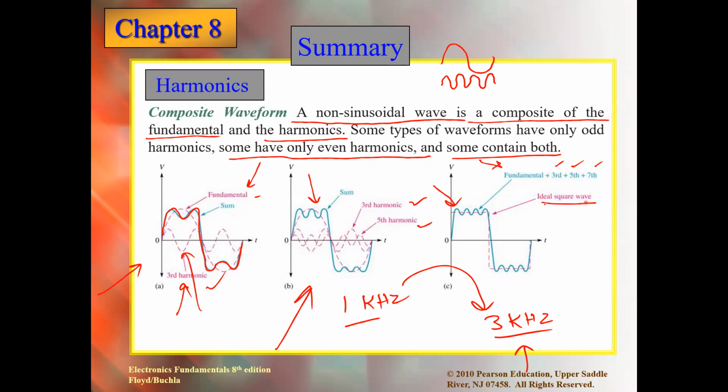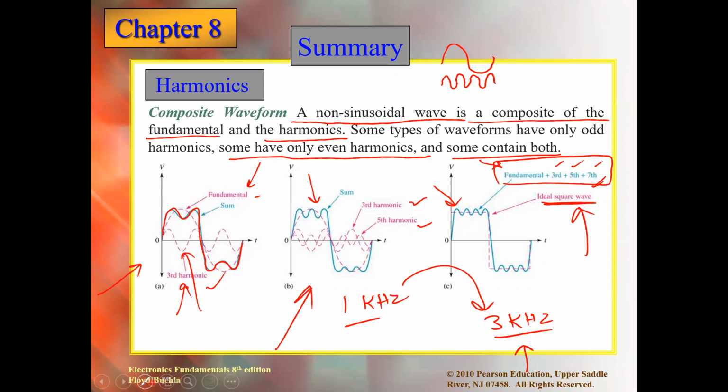So the ideal square wave is something like that, but this is a practical square wave made by adding the harmonics. If we add further harmonics, you will get closer to this ideal square wave. So by using a sine wave fundamental frequency and some odd harmonics, we are able to generate a square wave. This is about the harmonics concept and how we can generate non-sinusoidal waveforms by using sine waves.